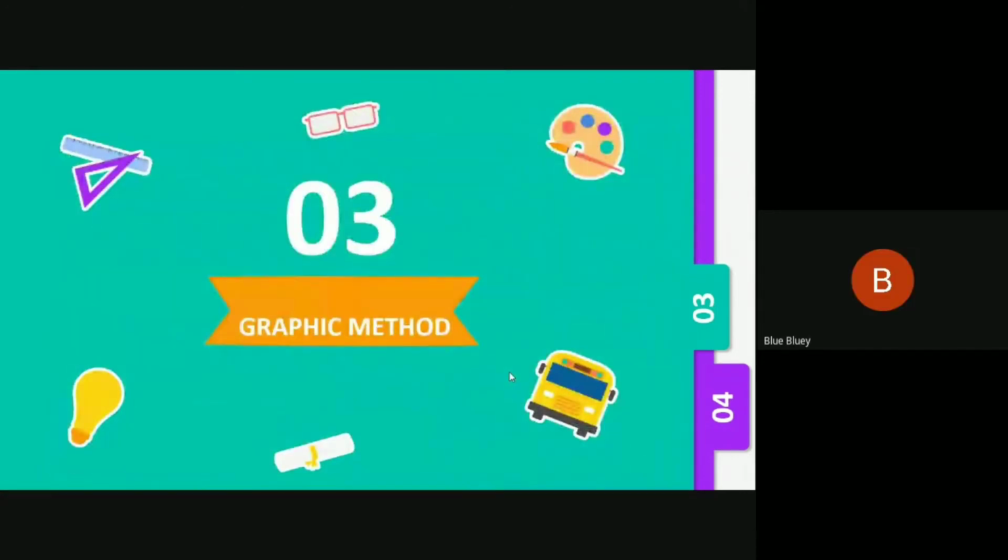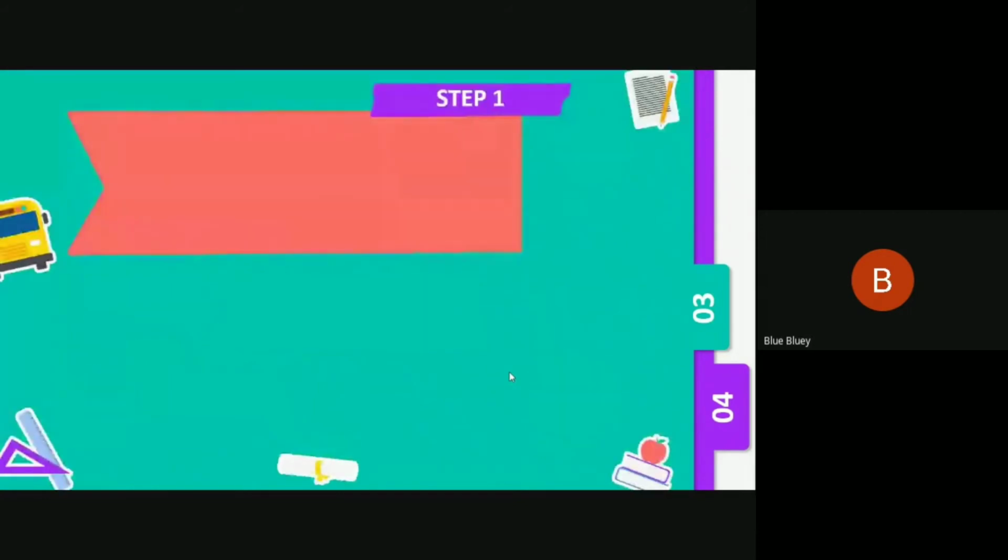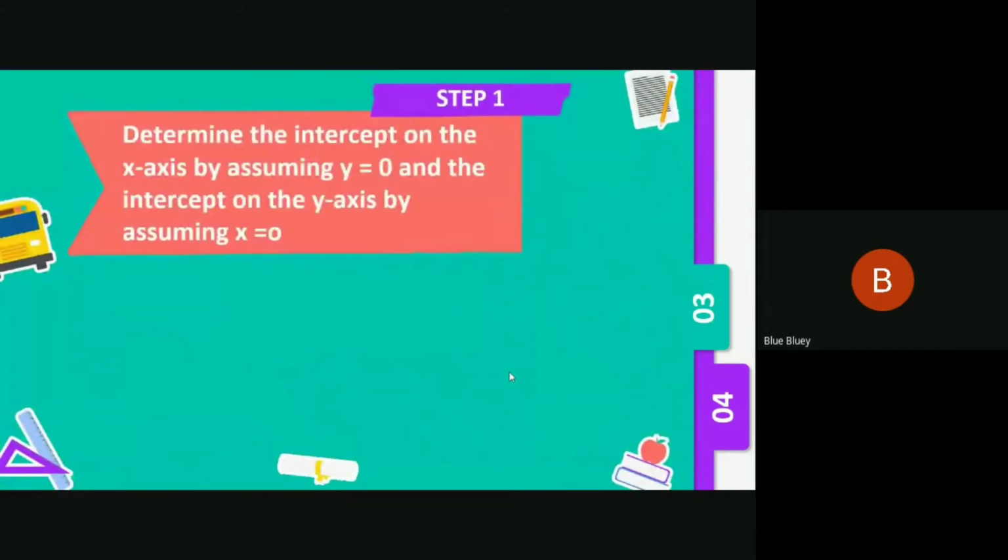Then the third method is the graph method. Step 1. Determine the intercept on the x-axis by assuming y equals 0 and the intercept on the y-axis by assuming x equals 0.